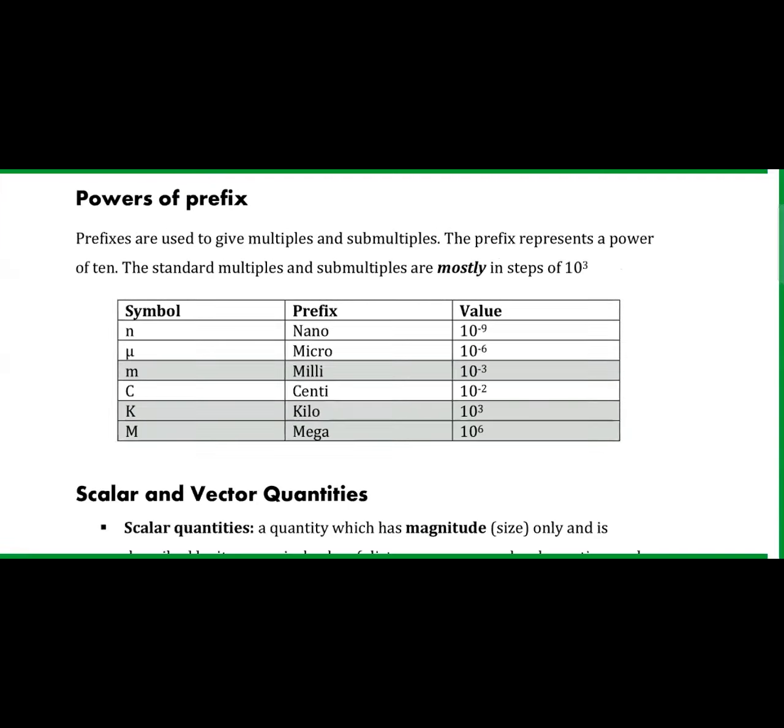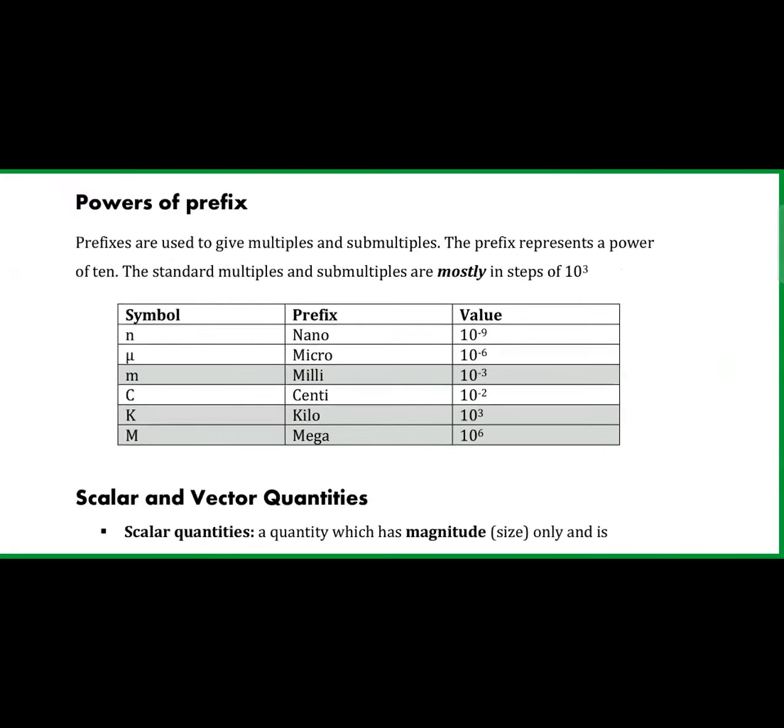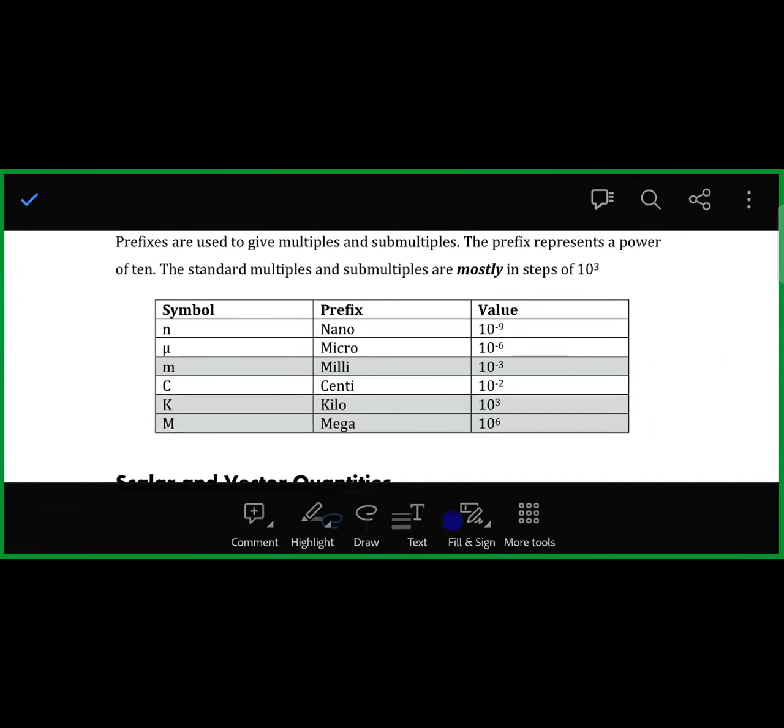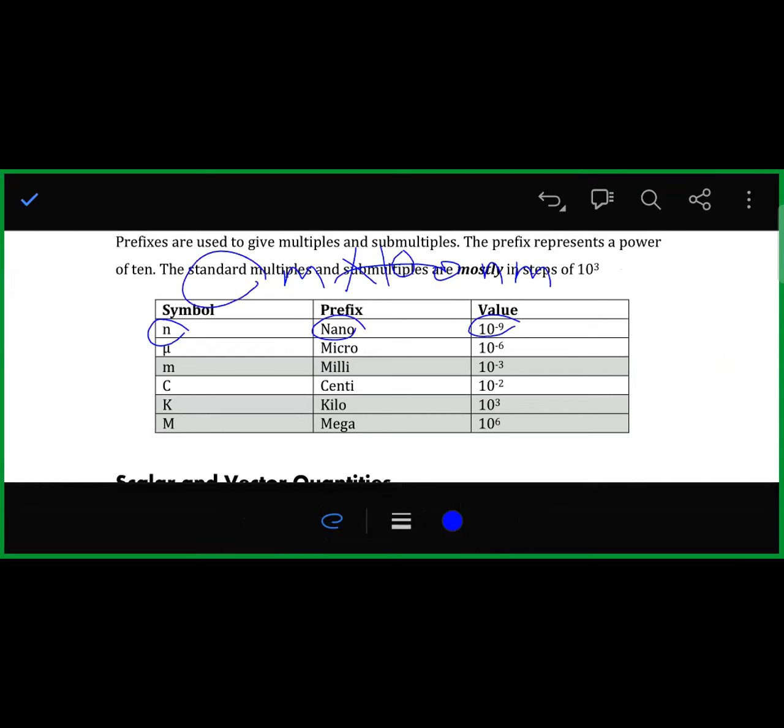We can take nano: if we need to transform from meter to nanometer, we must multiply the value times 10 power 9. For the reverse process, from nanometer to meter, times 10 power of negative 9. Do you understand now?